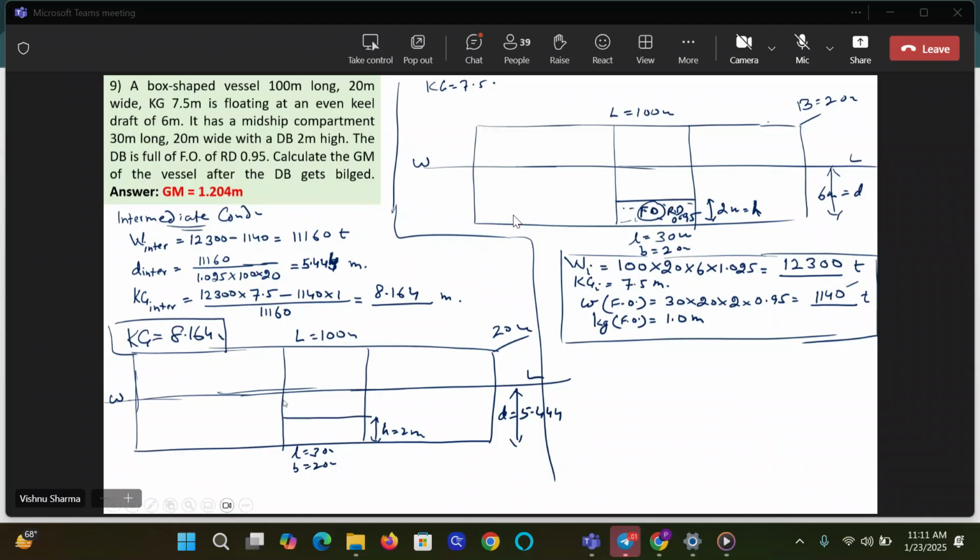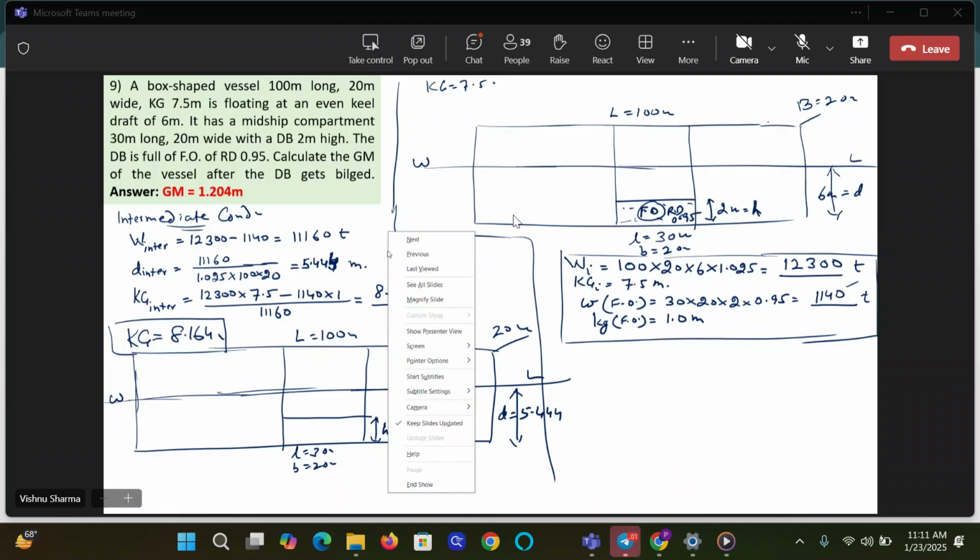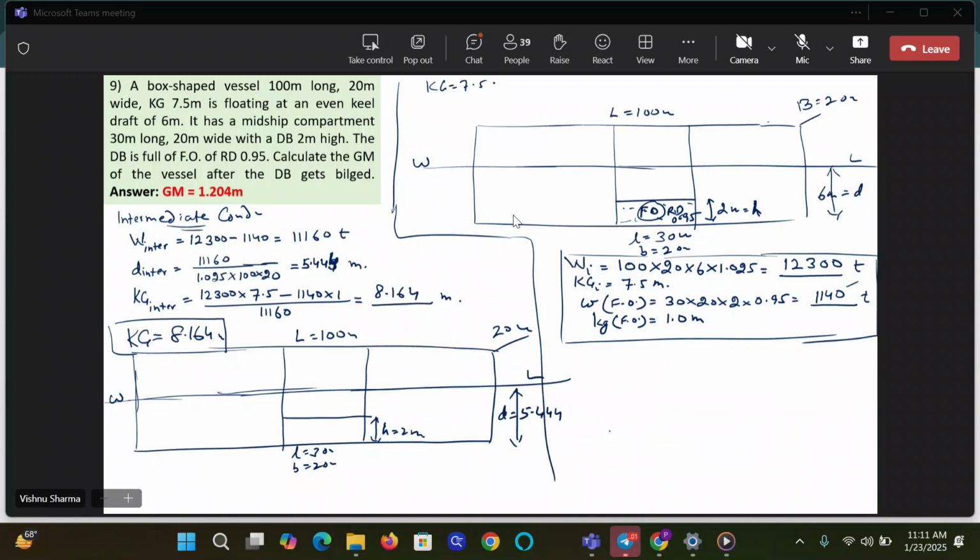Guys, now in the initial condition diagram and the intermediate condition diagram, some parts I'll mark in red. What have I done? I've left the dB out, and I'm doing the same thing here.